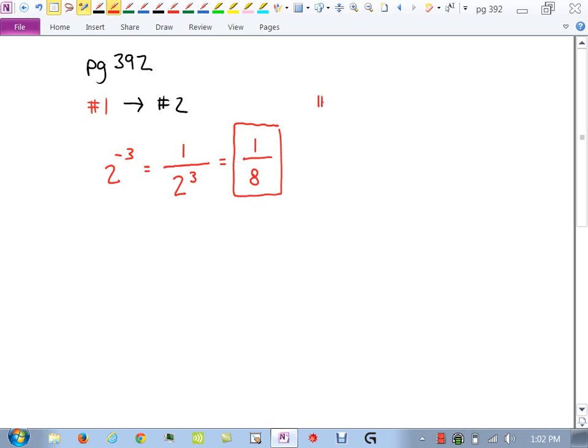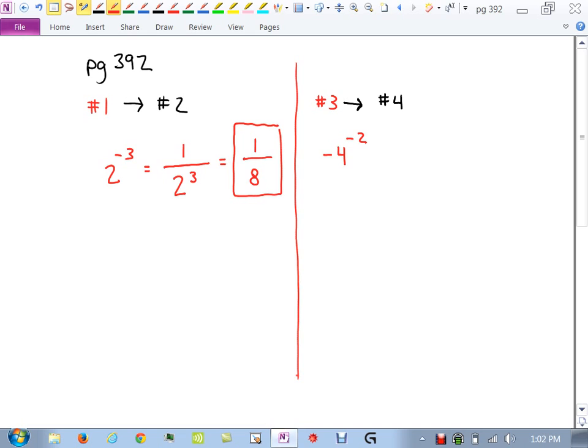The next problem that I'll do is number 3, and you should do number 4. Number 3 is negative 4 to the negative 2. So I want you to simplify that. So again, we have a negative power. We don't like that. We're going to want to drop it down.